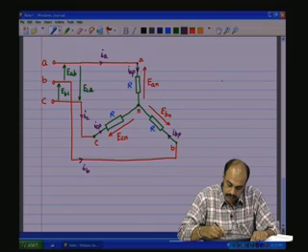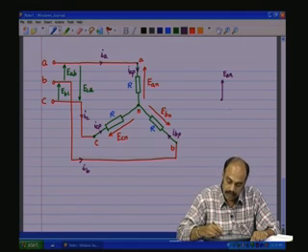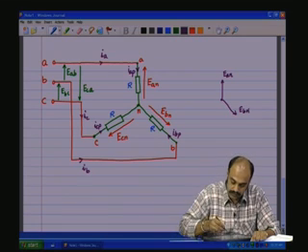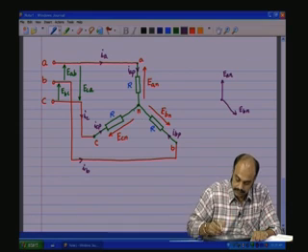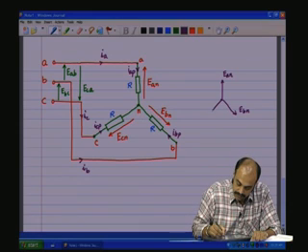So, let me draw EAN. This is EAN. 120 degrees away, same amplitude, we have EBN. You see EBN, and then we have ECN 120 degrees away.